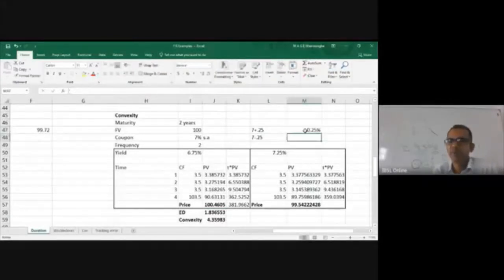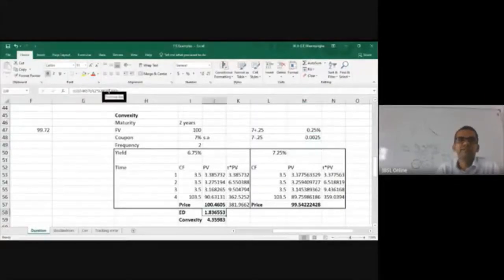When you put it into the equation, you have to put it as 0.0025. That's why I have used it here. Clear?